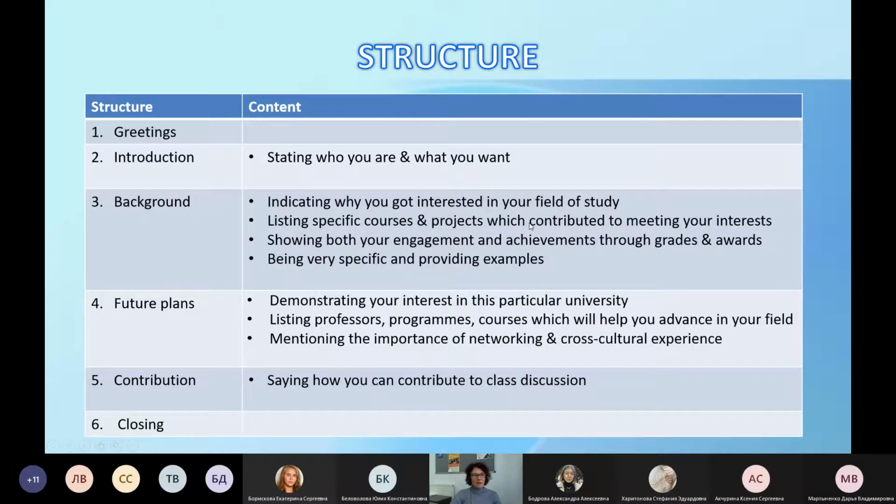So the next paragraph, and don't forget about paragraphing, that should come in separate sections. In the next paragraph, you have to say how you will be a contribution to this university.